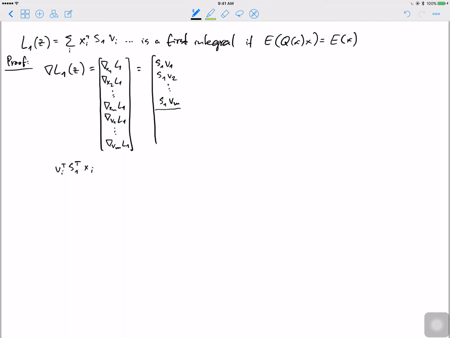Because then the derivative by vi will be simply s1 transposed x1 up to s1 transposed xm, okay? That's because I differentiate this by the vi's, and what I get is this thing on the right. That's basic vector calculus.